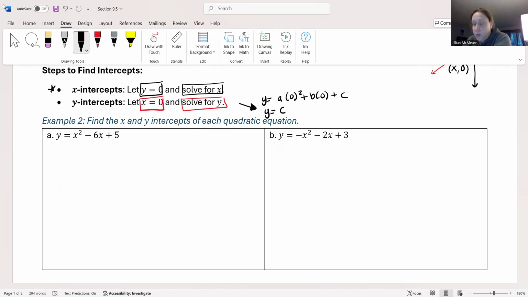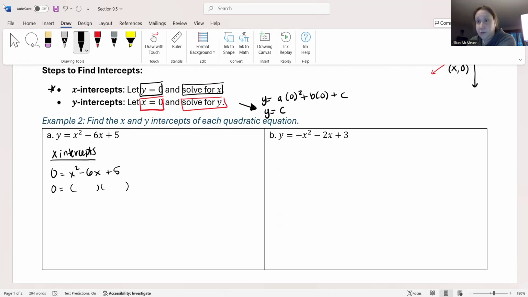We have y equals x squared minus 6x plus 5. So let's look for the x-intercepts. In order to do that, we're going to let y equal 0. So we're basically just going to put this in standard form. And I want to see if this is factorable. This is a quadratic trinomial. The coefficient on the square term is 1. So we want to see if this will factor as two binomials using that shortcut method for factoring.